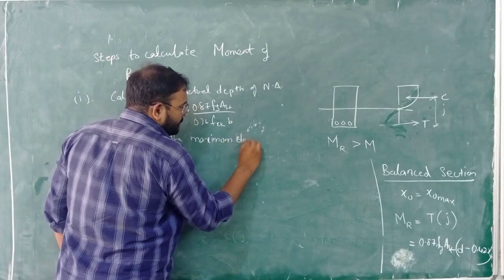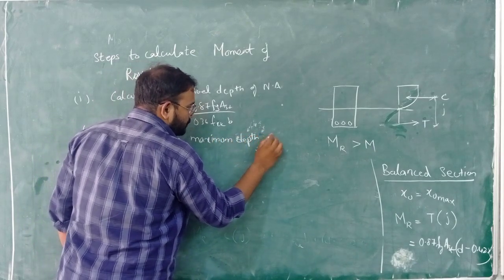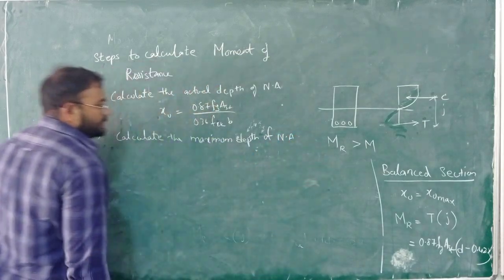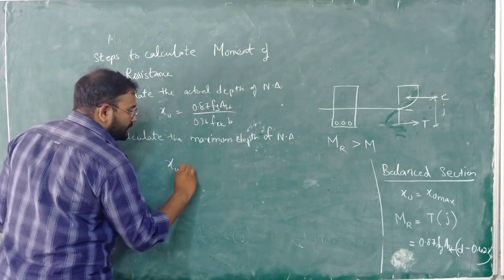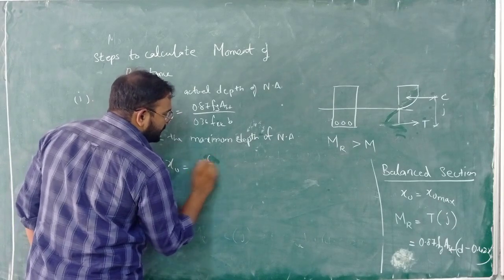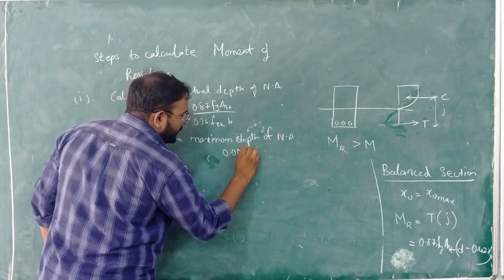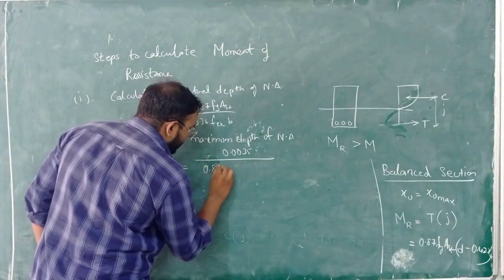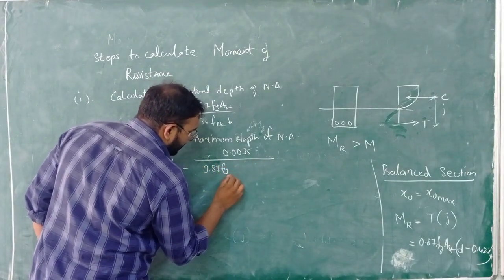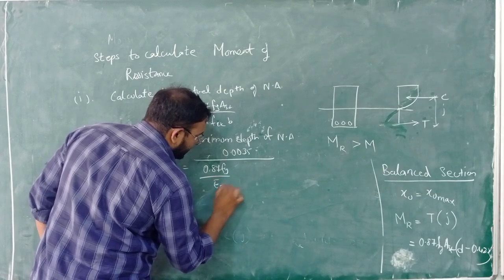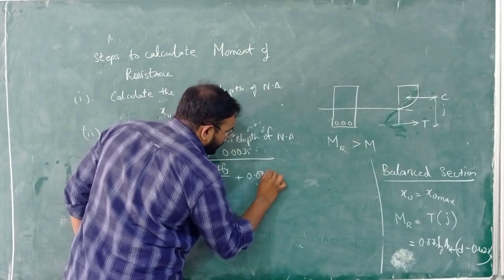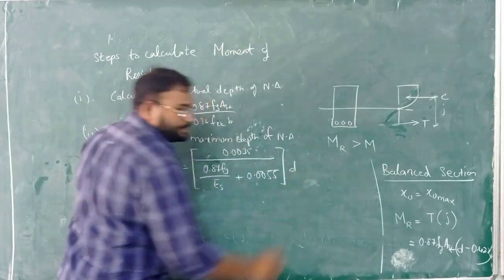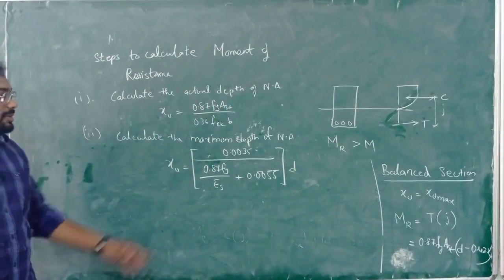Now, how to calculate actual depth of neutral axis? The formula is XU is equal to 0.87 Fy AST by 0.36 FCK B. For given dimensions of the beam, given reinforcement, given grades of concrete and reinforcement, you can calculate what is XU.